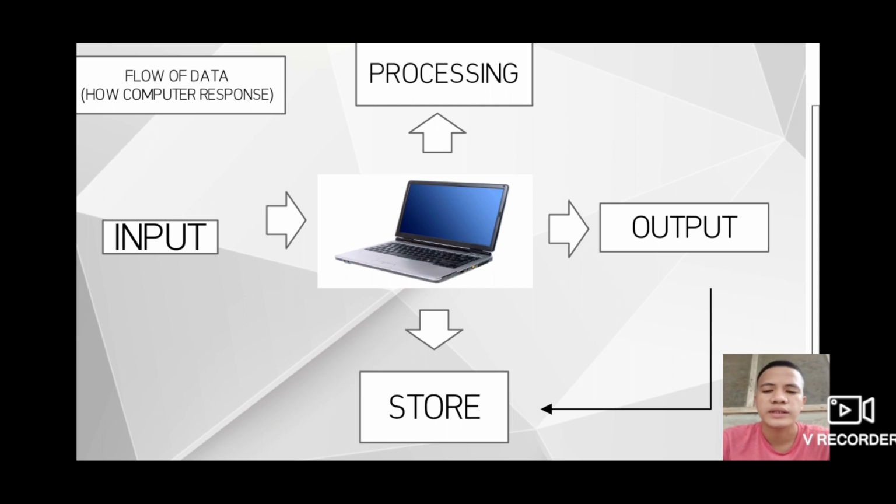Then we have two types of storage. Number one is main memory. Let's talk about how it works. The main memory works by holding instructions and data while a program is executing, while the second storage, called secondary storage, works to store backup data that comes from primary storage.